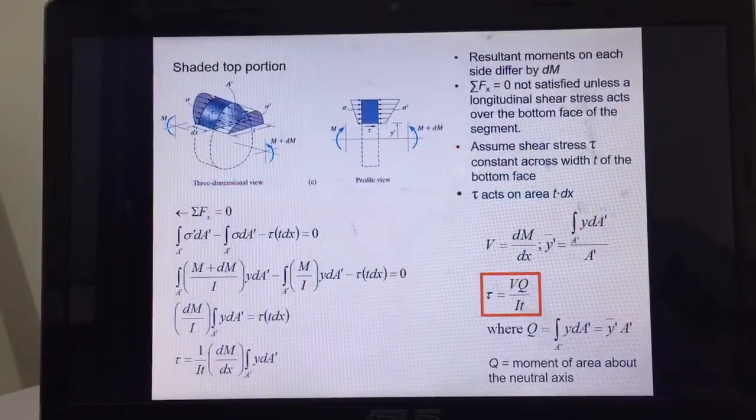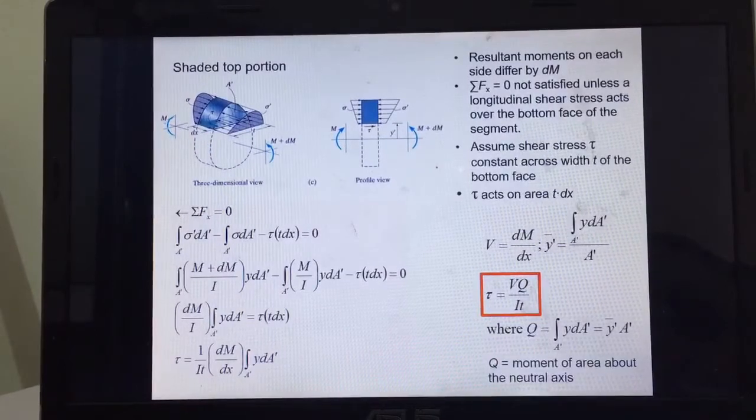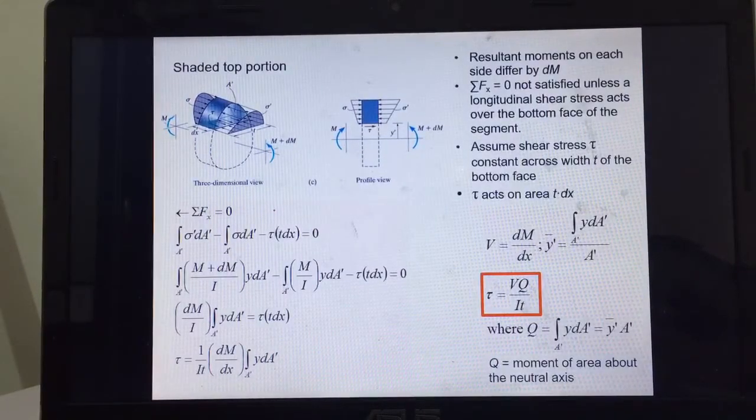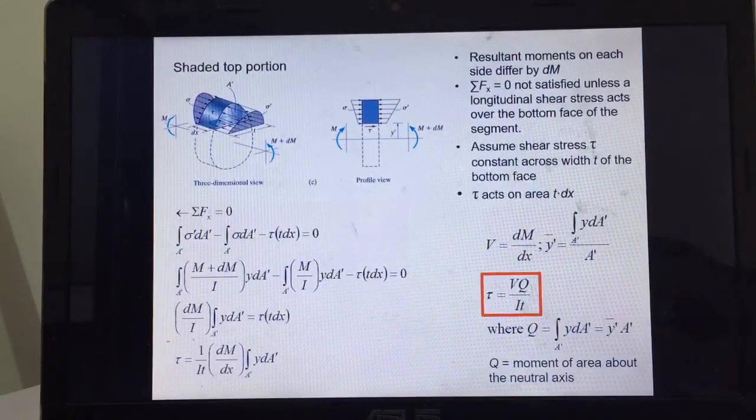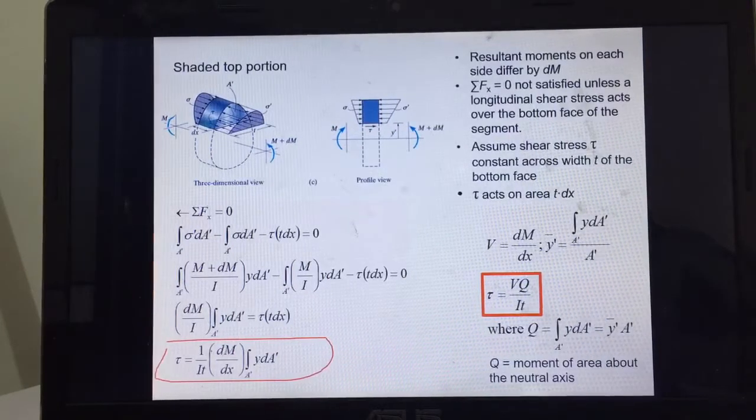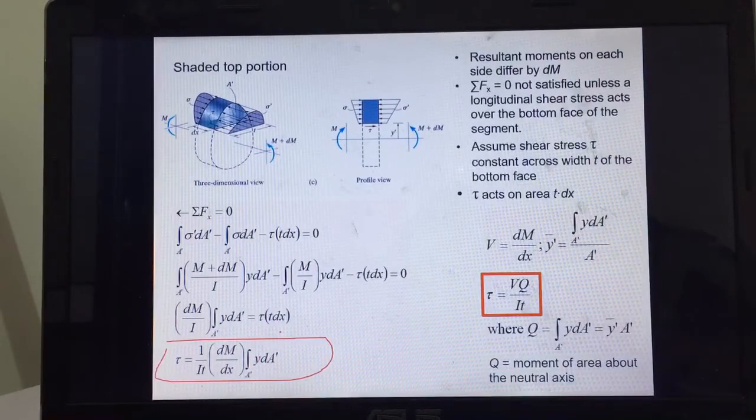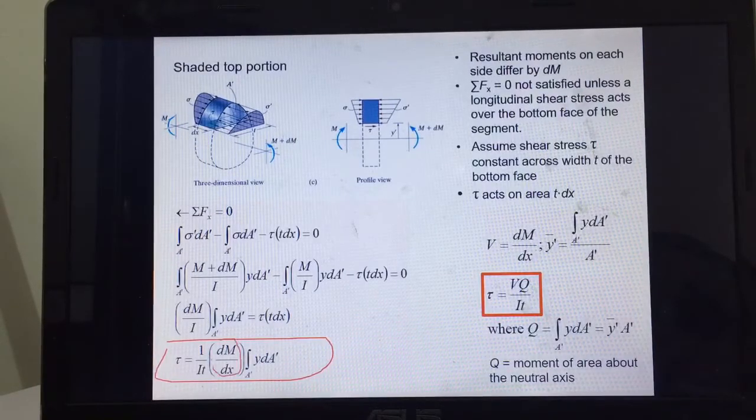Okay, so if you do the force equilibrium in the x direction, the longitudinal direction, you will end up like this, and then you simplify them, and it will become tau equals 1 over I t, dM over dx, integral over A prime of y dA prime. Okay, and then you realize that this dM over dx is actually this.